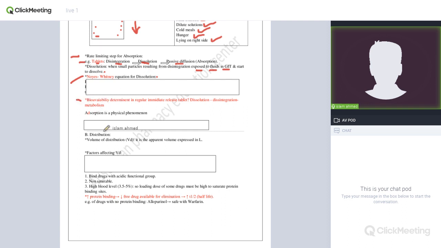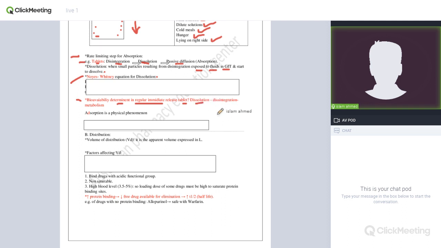Now we have a question here, which is the bioavailability determinant in a regular immediate release tablet. Which is the process that determines the bioavailability in regular immediate release tablets?